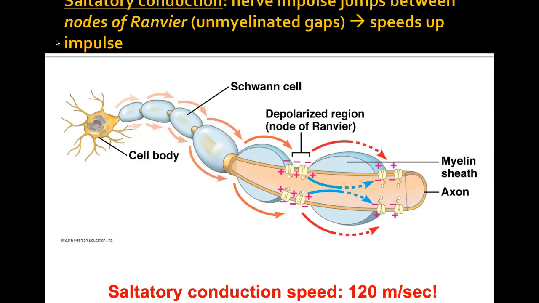And the nerve impulse is going to move down the axon, and it's going to jump over those nodes. And this does speed up the impulse, because as soon as it gets to a node, it quickly jumps. It increases the conduction speed of that impulse moving through. And again, the fact that it's jumping is called saltatory conduction.